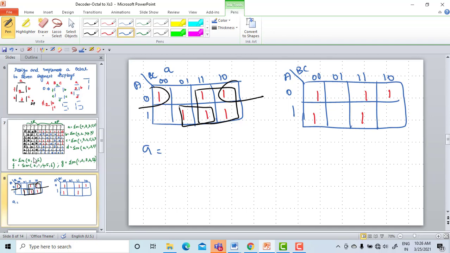See, for this 7 segment display, I need to tell you one more thing.